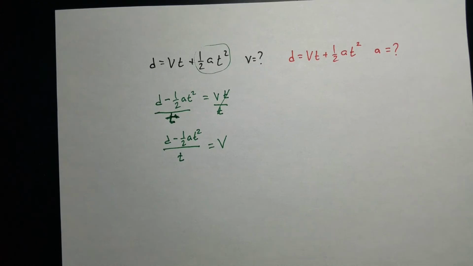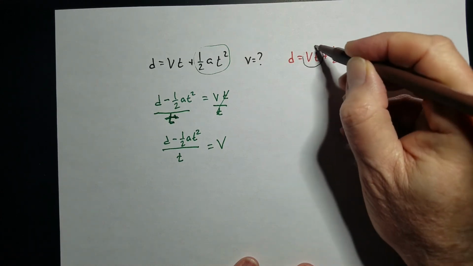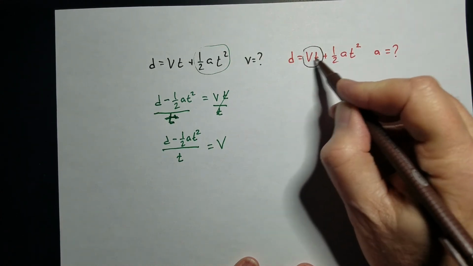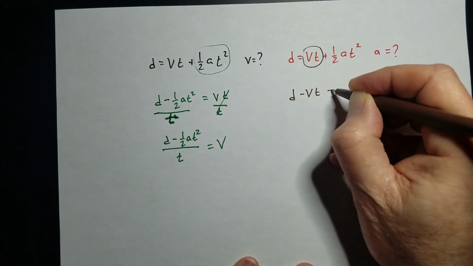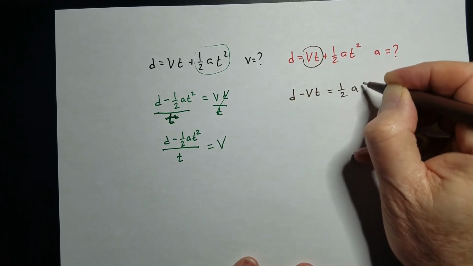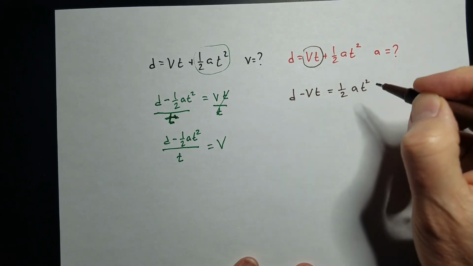Let's do the same thing, except this time, same equation, but solve for a. Again, I can move a whole clump of math over, so I'll move that. We got positive vt on this side, so it'll be negative vt on the other, equals 1/2 at squared, because when we move it from there, it's no longer on this side, it's on the other side.